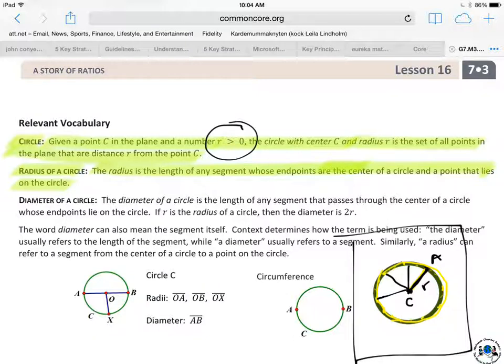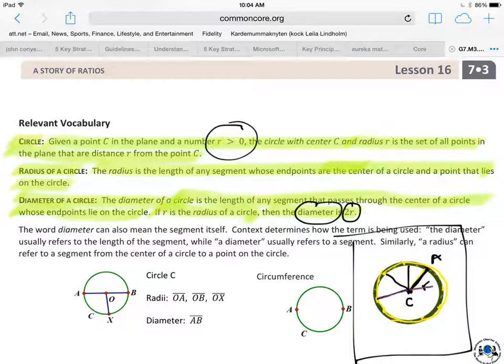And they're all equal. So the diameter of a circle is the length of any segment that passes through the center of a circle whose endpoints lie on the circle. If r is the radius of a circle, then the diameter is 2r. Diameter is 2r. And of course a line of diameter, let me get a different color here.